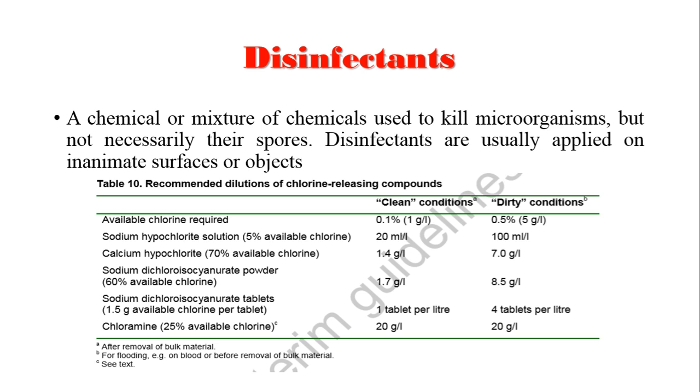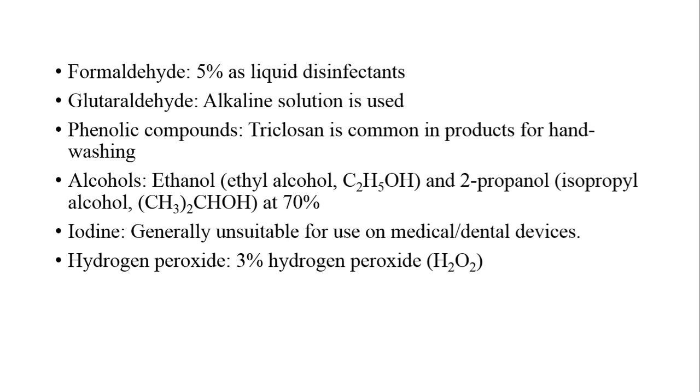So you can prepare these concentrations of these different chemicals, while when you want to clean dirty surfaces, the concentration of these chemicals will be higher as per this table. So you can choose the chemical accordingly and prepare. But these chlorine based substances are only suitable for surface cleaning, not for hands or instruments and all, right? Other than this, we can use formaldehyde as a 5% liquid disinfectant.